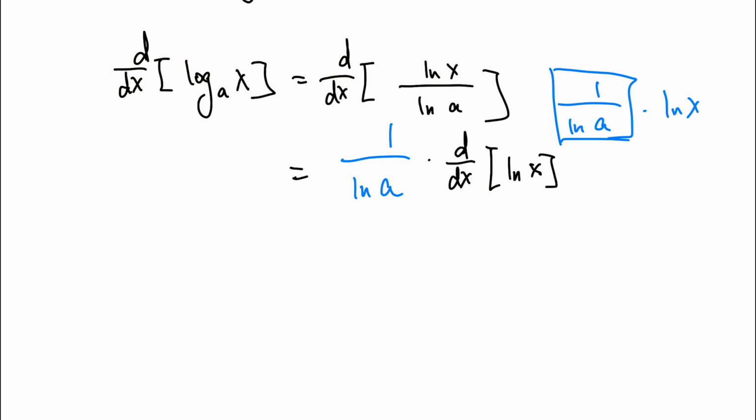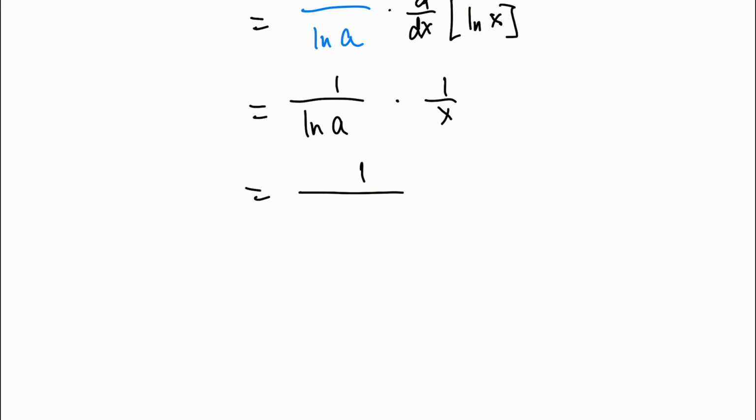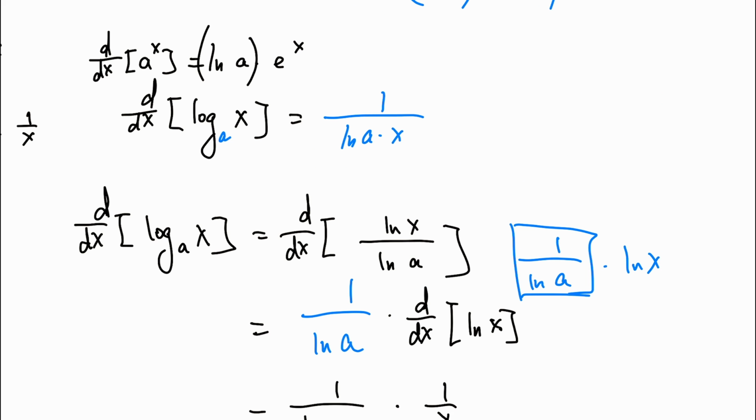Although it is technically possible, you're just overdoing things that aren't necessary. And we know that this is just 1 over ln a times 1 over x, and that is equal to 1 over ln a times x, which is exactly what we assumed over here.